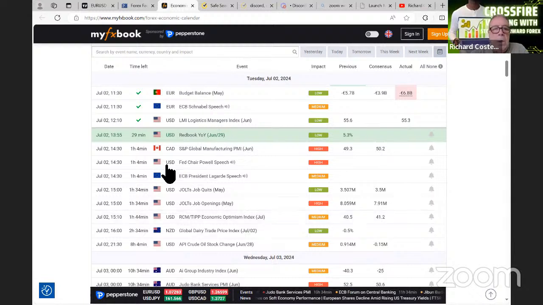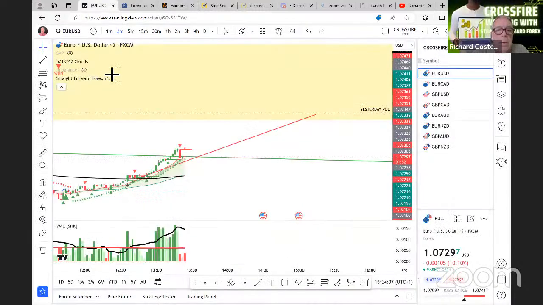So we can expect some disruption at 2:30 and 3 o'clock, and we're going to go back to the current situation. So on Euro USD, not a lot going on.